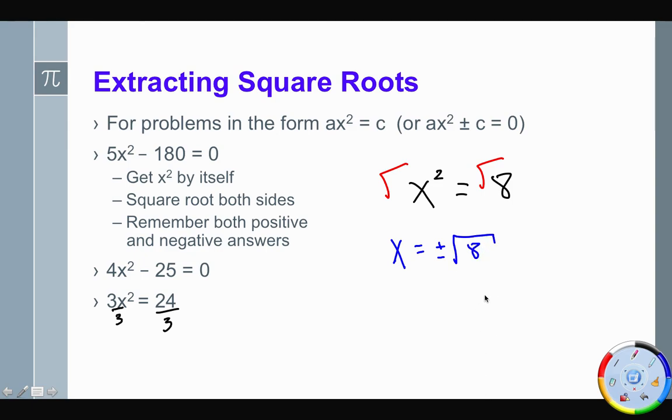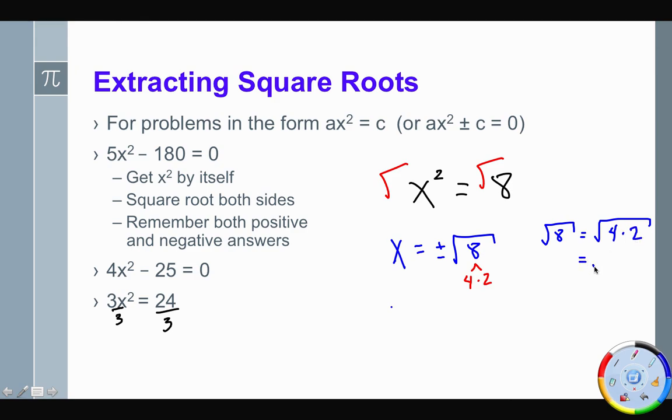And we don't want to really plug this as a decimal into our calculator. What we want to do is we want to remember how to simplify a square root. A square root can be simplified if you know a square number inside of 8. So I know that 8 is really 4 times 2. So I can rewrite the square root of 8 as the square root of 4 times 2.